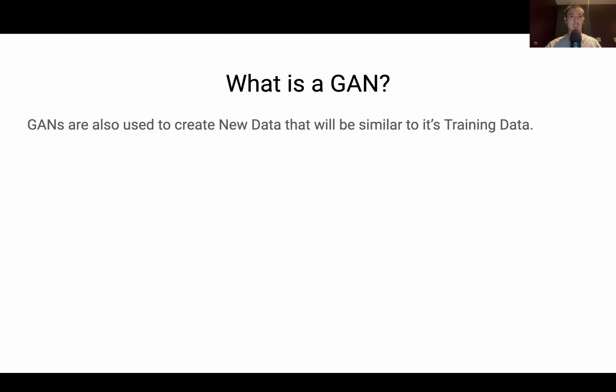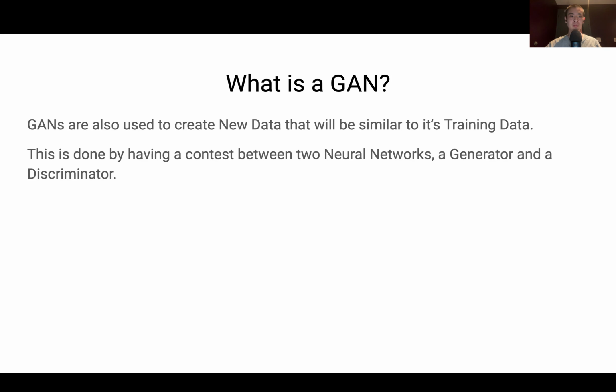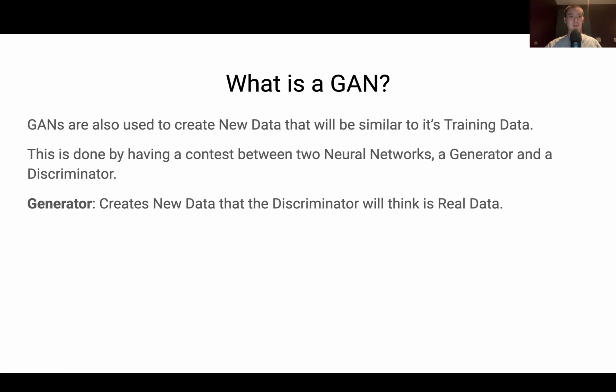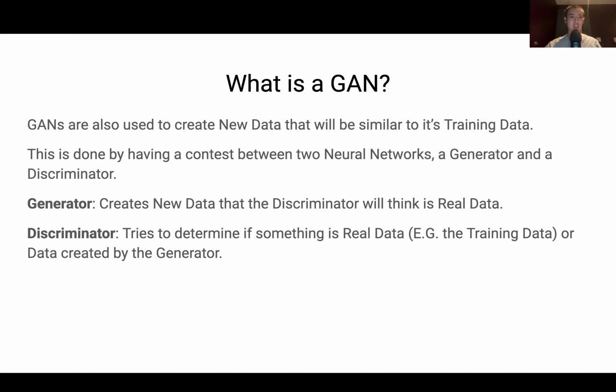GANs are used to create new data that will be similar to its training data. This is done by having a contest between two neural networks, a generator and a discriminator. The generator creates new data that the discriminator will think is real data, and the discriminator tries to determine if something is real data, e.g. the training data, or data created by the generator, which you can think of as fake synthetic data.